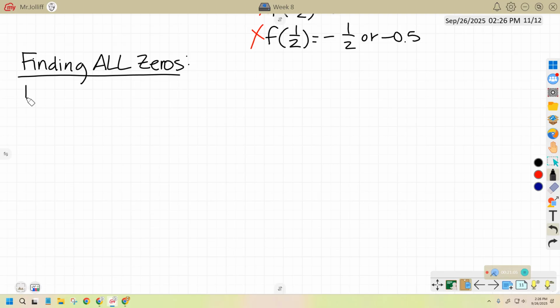Step one is list all of your possible rational zeros. RZs for rational zeros, because I'm tired of writing rational zeros. And then you're going to do the second thing we did, which is once we have that list, test to find the actual rational zeros.